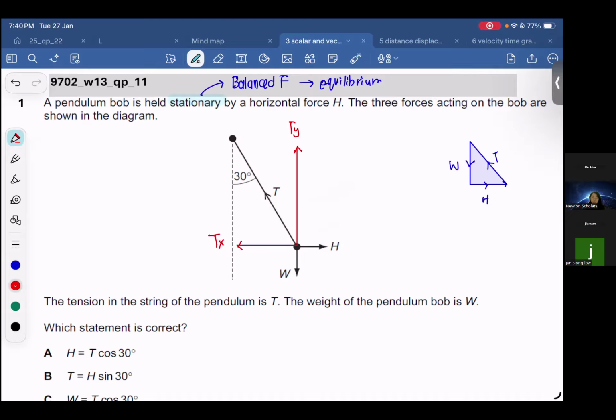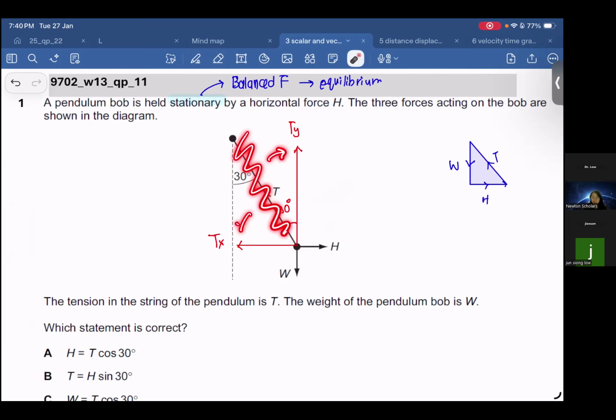This one is mathematics, so you look at this angle, which should be 30 degrees. So we label this one 30 degrees. Now when you want to solve this problem, you can ignore the T already, because we already resolved the T into the Y and X axes.